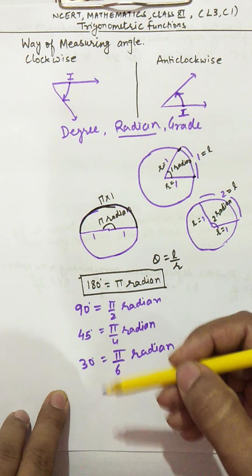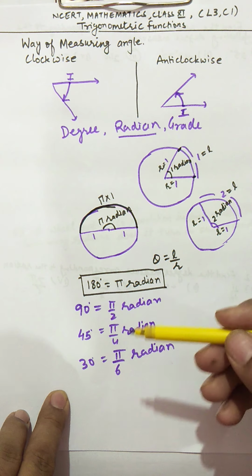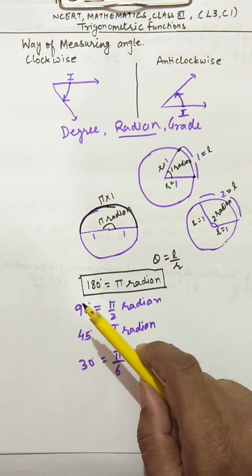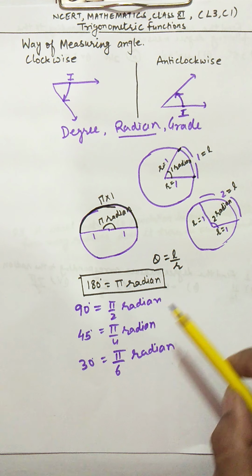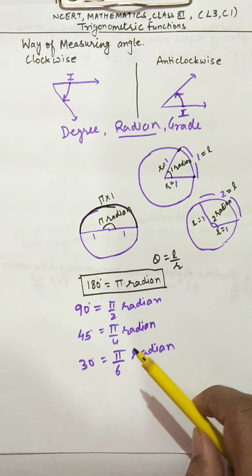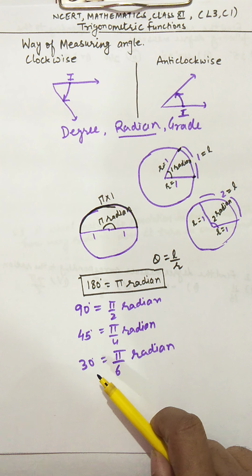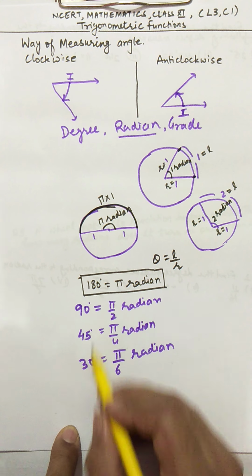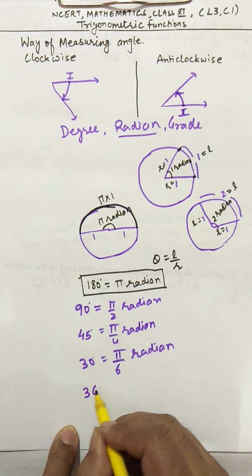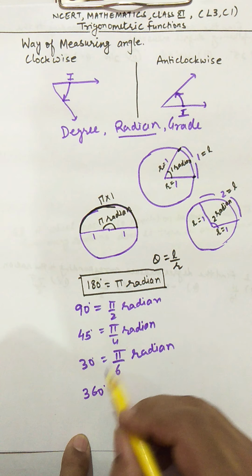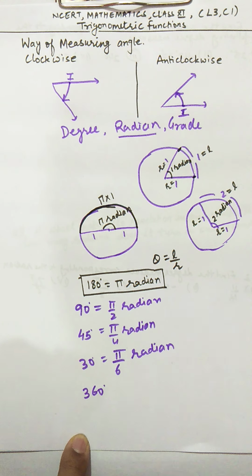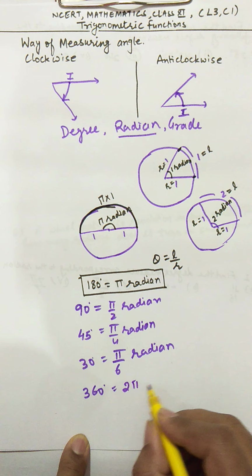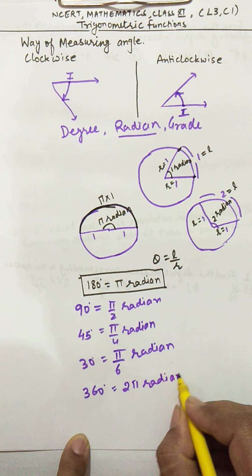So these are the angles that we were using, but now when we have to use radians, in place of 180 we'll say pi radian, in place of 90 we'll say pi by 2 radian, in place of 45 we'll say pi by 4 radian, and in place of 30 degree we'll say pi by 6 radian. You can have one more relation also, for 360. 360 is double of 180, so double of pi radian will be 2 pi radian.